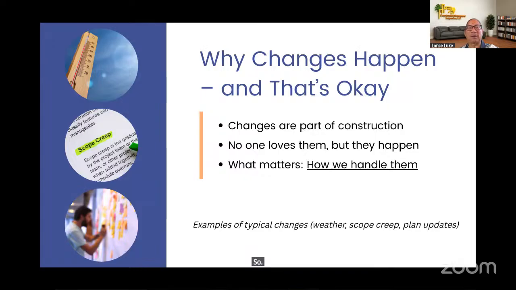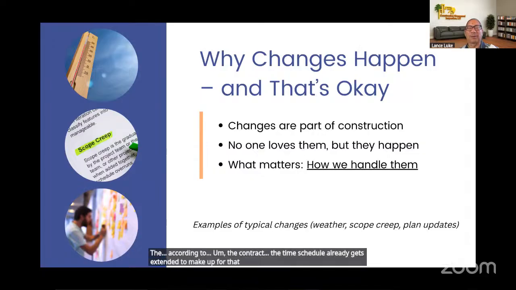So even if the contractor says they're going to finish in 8 months, if you had 10 days of rain or other occurrences, an earthquake, tsunami, big hurricane that affected workers, according to the contract, the time schedule already gets extended to make up for that loss of days.